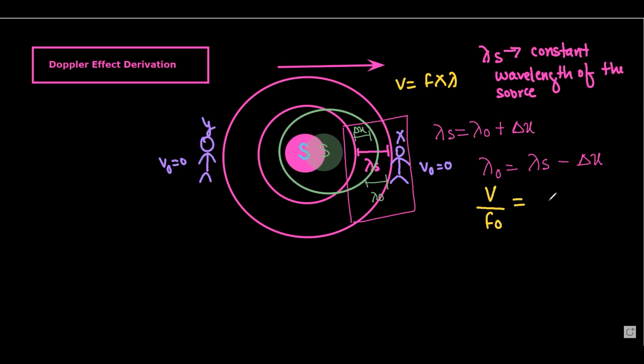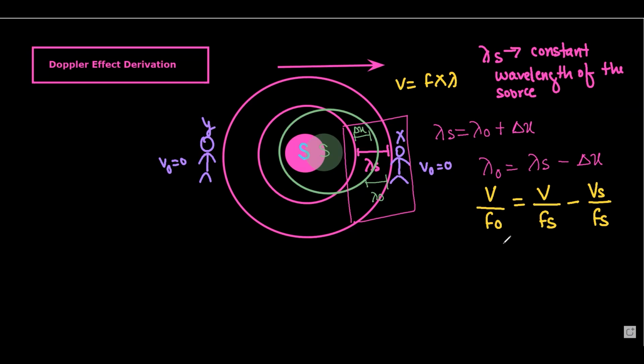This is equal to lambda s, the wavelength of the sound wave, which depends on the speed of the sound and the frequency of the sound, which is constant. And del x represents the difference between the new and old position wavelengths, which depends on the relative motion or the velocity of the source, so it is Vs by Fs.